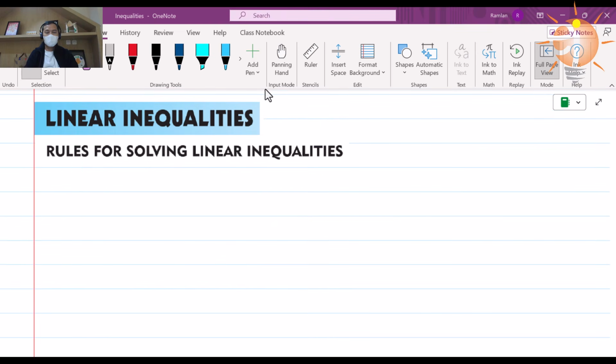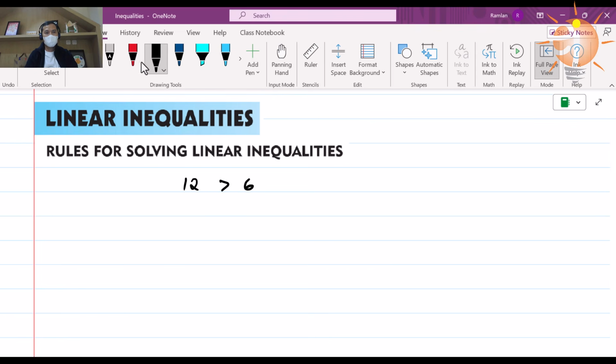Okay, so the next thing that I'm going to discuss is the rule for solving linear inequalities. When you solve an inequality, it's almost the same as solving an algebraic equation, but there's a slight difference here. For example, I'm just going to give you some numbers. If I say 12 is greater than 6, right?